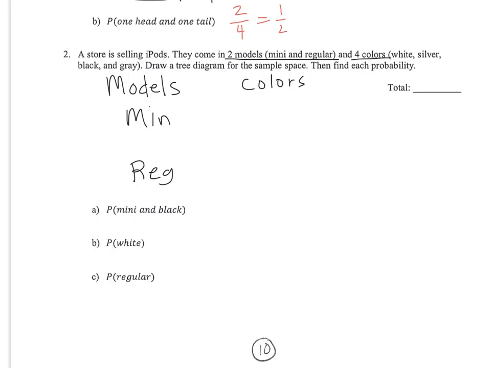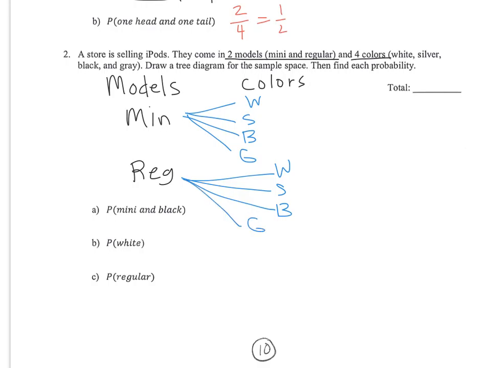And our colors are, from this mini, you need to make the spokes white, silver, black, gray. White, silver, black, and gray. So the total amount is going to be 1, 2, 3, 4, 5, 6, 7, 8. The total, you count the ends. So it's 8.